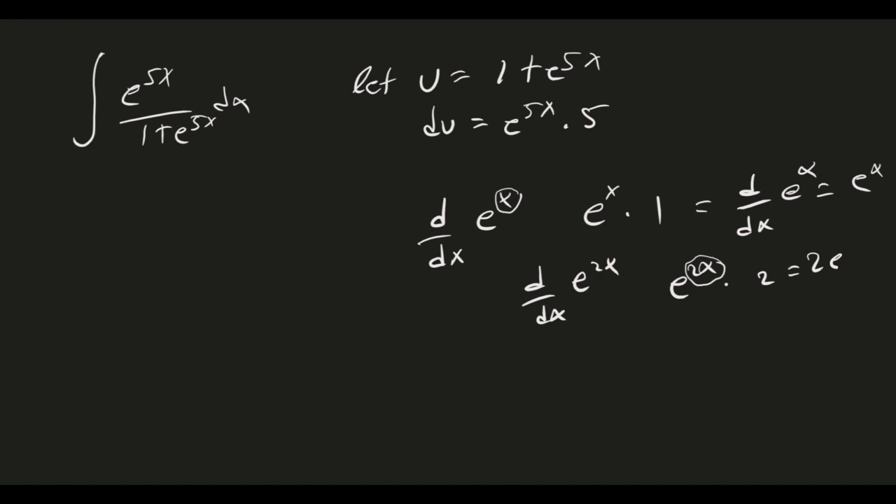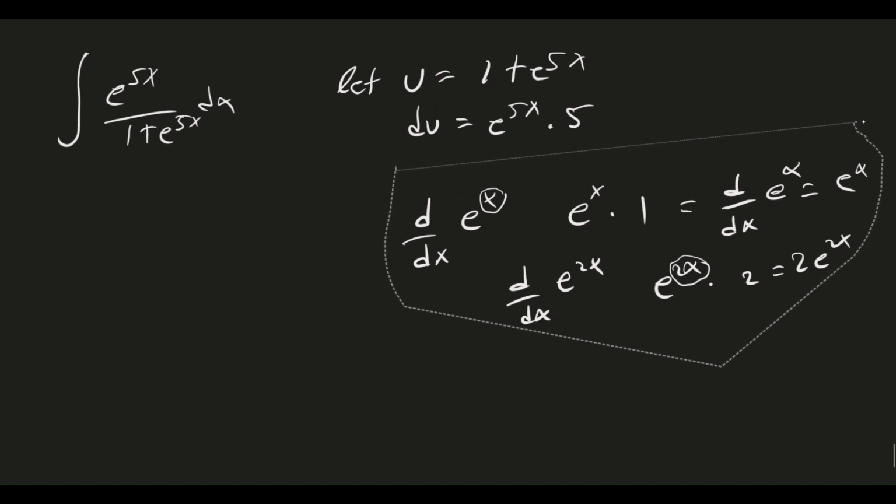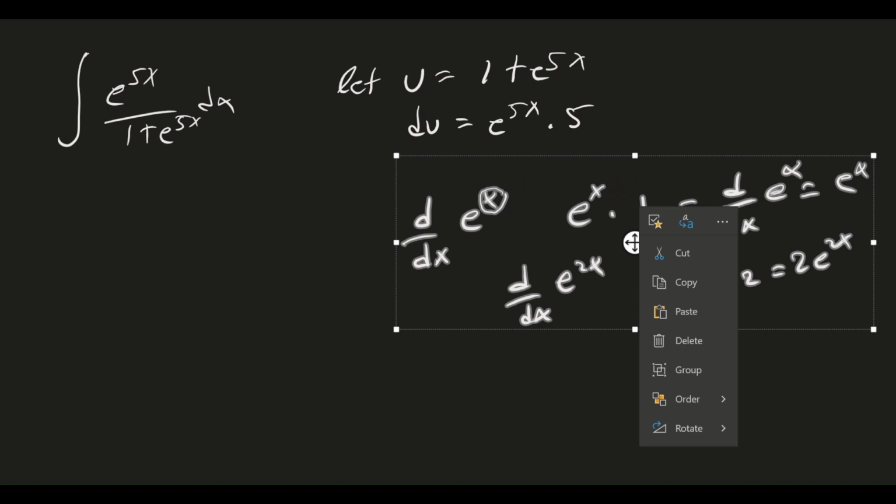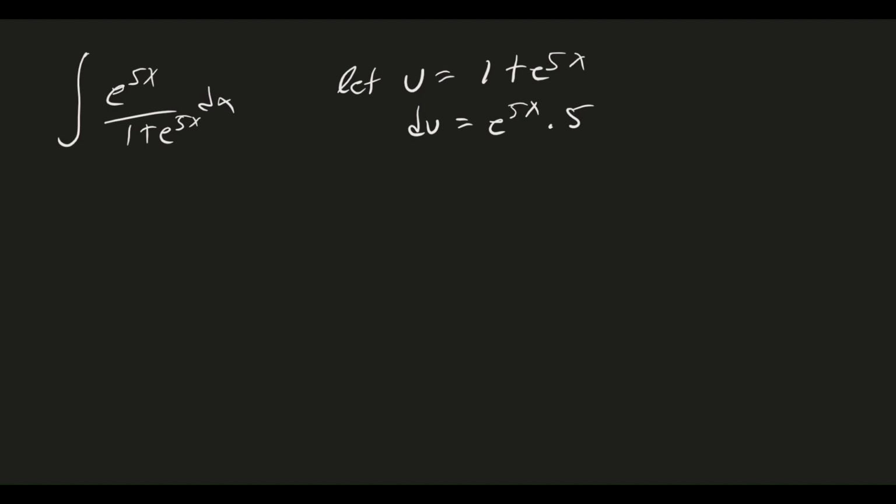So in our case here, we have e raised to the power of 5x times 5, which is e raised to the power of 5x times the derivative of 5x, which is 5.